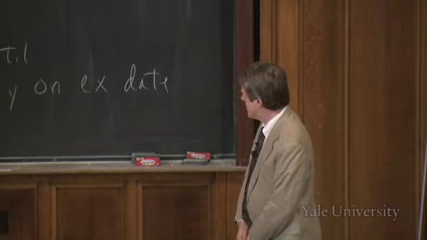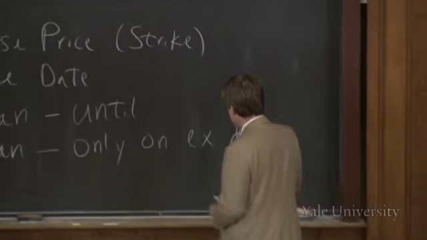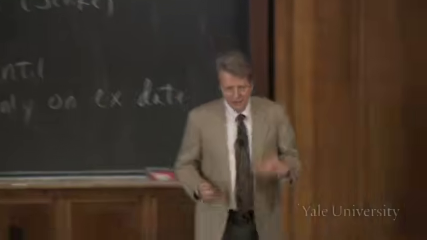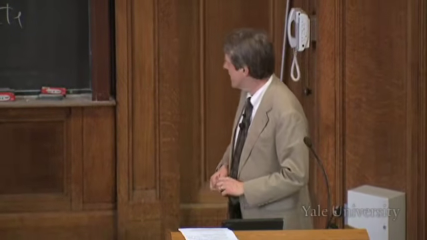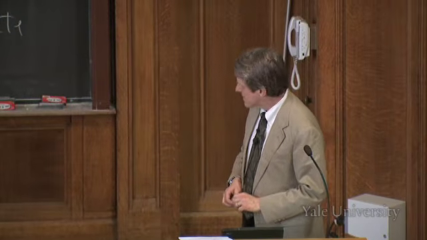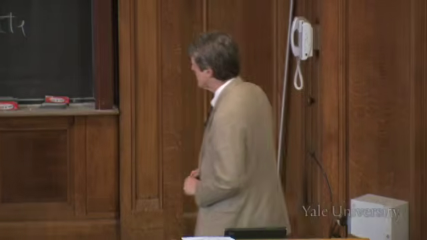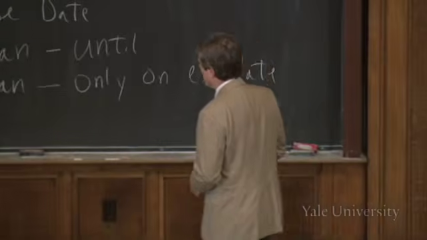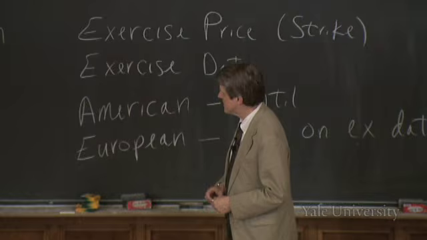Okay? If it's European, you have to wait until the exercise date, and then you have 1 day when you can do that. A call option is the right to buy a share of stock, or whatever it is, whatever is specified in the option.